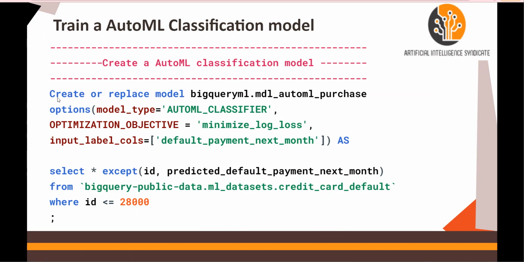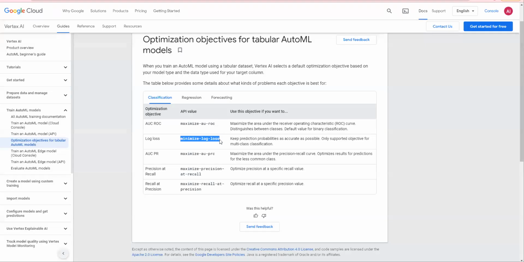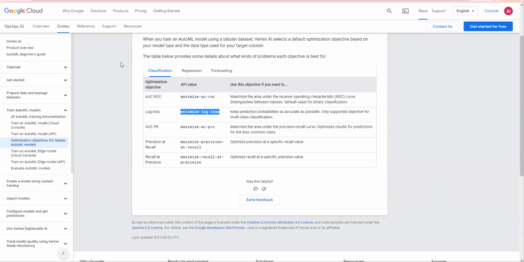So create or replace model BigQuery ML dot MDL AutoML purchase, options, model type AutoML classifier, optimization objective minimize log loss. So there are lots of optimization objectives available for AutoML, and these are few.